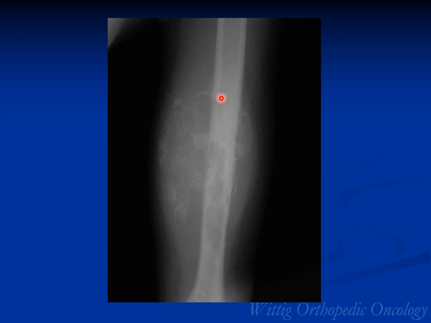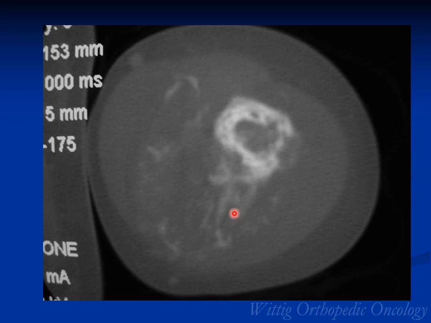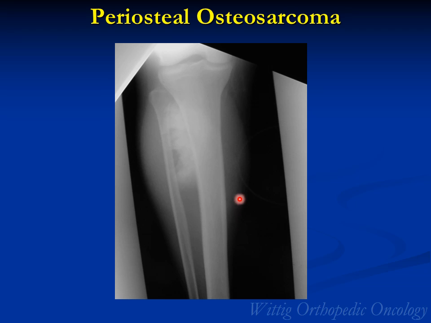This is just showing you a close-up view of the soft tissue mass with the mineralization or the ossification within it. And a CAT scan, again, showing you the ossification in the soft tissue component. This is a periosteal osteosarcoma. You can see where the lesion on the surface of the bone here is solid and marble-like, very heavily mineralized.